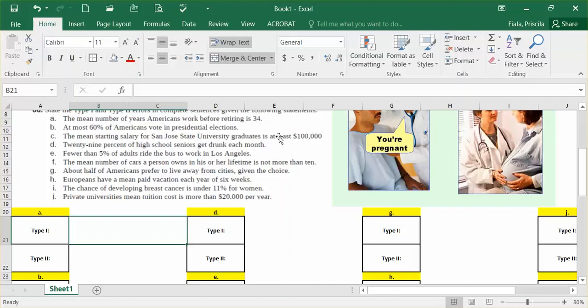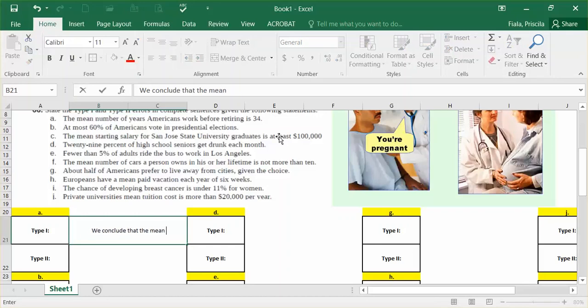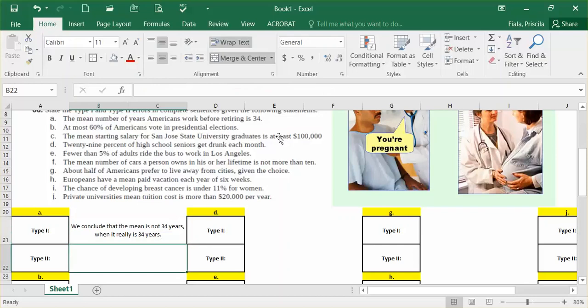Well, the type 1 will be, we conclude that the mean is not 34 years when it really is 34 years. That means we would be rejecting our null hypothesis when it's true.